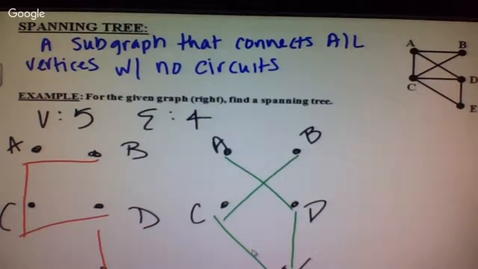Fantastic. That's literally a spanning tree. As long as you use lines from your original graph and you only use 4 of them, it's a spanning tree. So let me show you some other examples that Matt did.